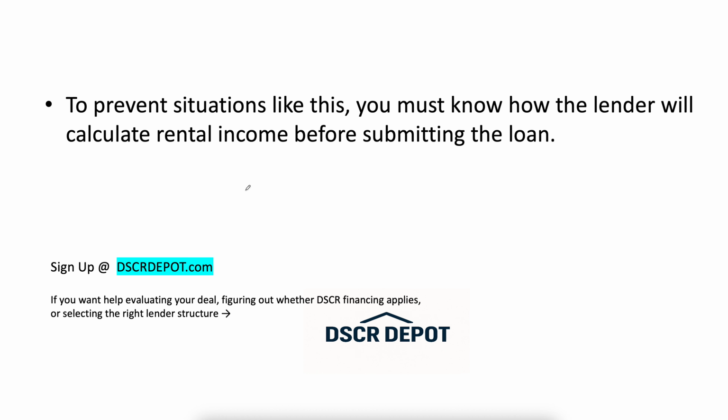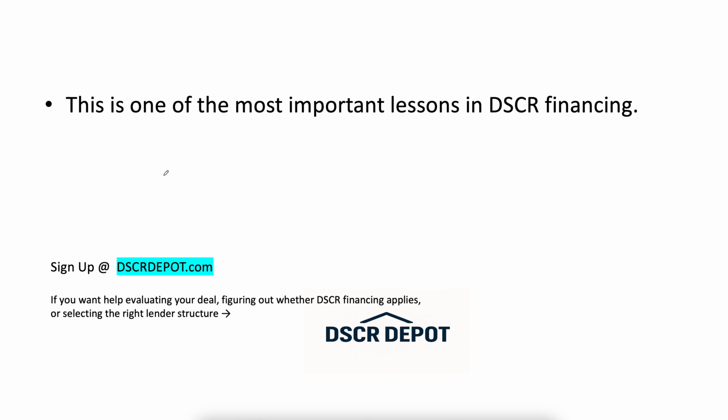To prevent situations like this, you have to know how the lender will calculate rental income before submitting the loan and wasting your time. That's something you can ask any broker or direct lender, and it's one of the most important lessons in DSCR financing: knowing how they're going to make that calculation.